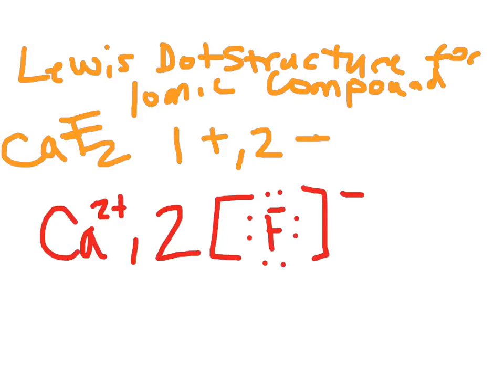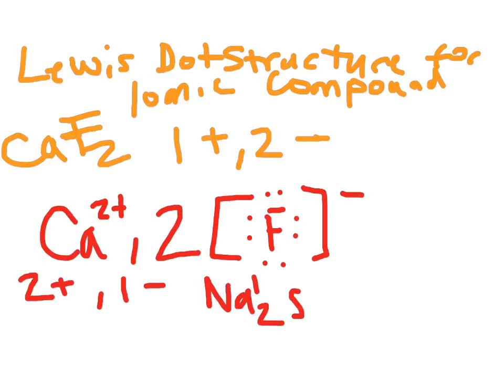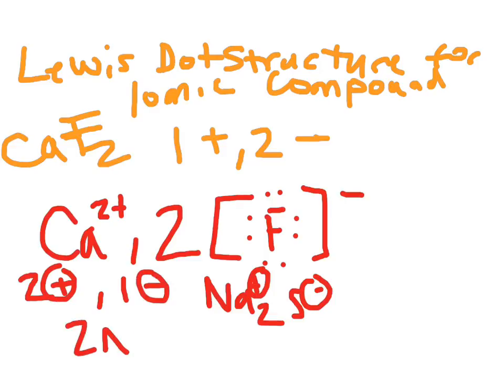Now when you have two cations and one anion, like Na2S, this is the plus, this is the minus, so that's the cation, that's the anion, you get 2Na plus and S. Sorry, this is supposed to be a plus.